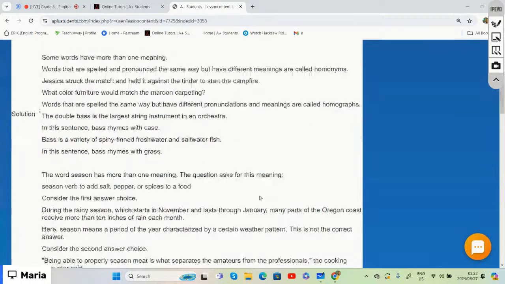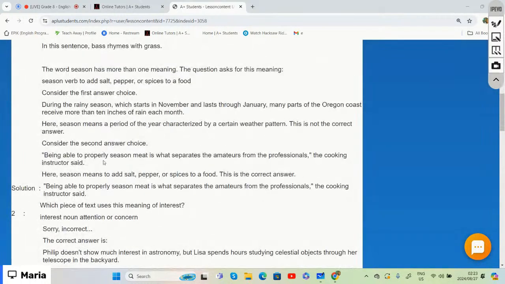The next one says, here we say the word season has more than one meaning, right? That was what we made mention of. Season is either summer, autumn, winter, spring, or where you add salt and pepper and so on to your food.